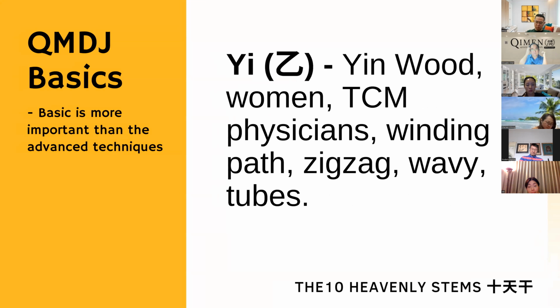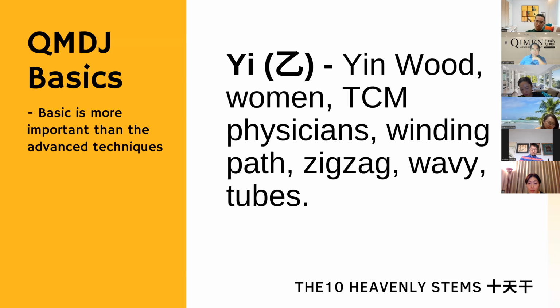Then we have the Yi. Yi is a noble, right? So Yi is the sister, so it also stands for woman. Generally, it can also represent an older woman. It also represents TCM, that means traditional Chinese medicine. In certain countries they may not have any TCM, we can also call it alternative medicine.